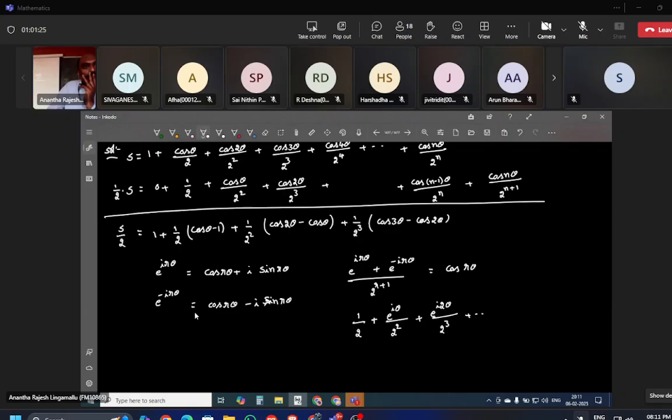Right side, this term. Plus 0, y plus 1. r is 0.